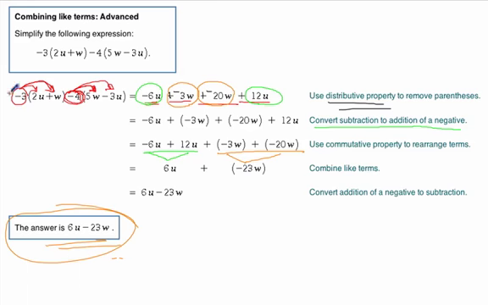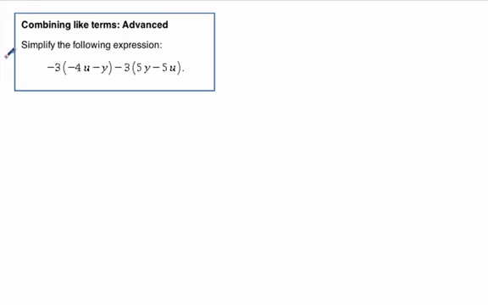Okay, more examples if you need them. Here we've got a distributive property, so we distribute this out. We've got the negative 3 times the negative 4u, that makes a 12u. Then we multiply the negative 3 times the negative 1y, secret invisible 1.